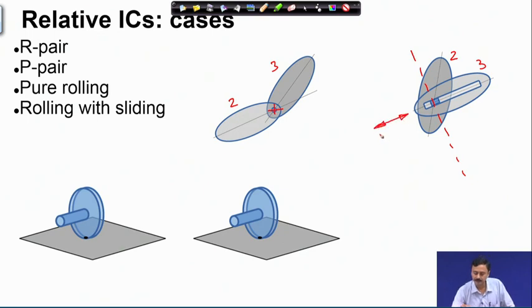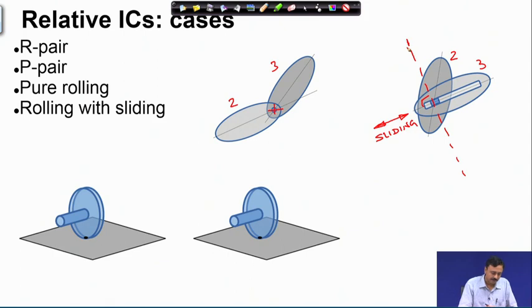So, this is the sliding direction, and the relative IC lies on this line perpendicular to the sliding direction. So, I23 lies on this red dashed line somewhere at infinity.